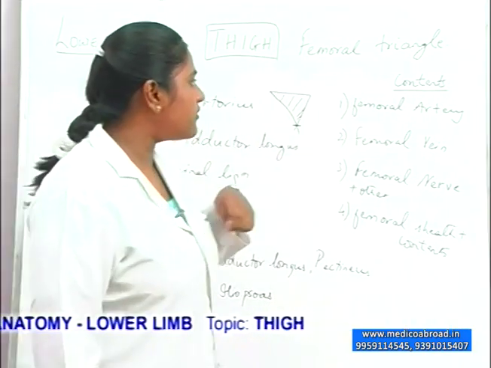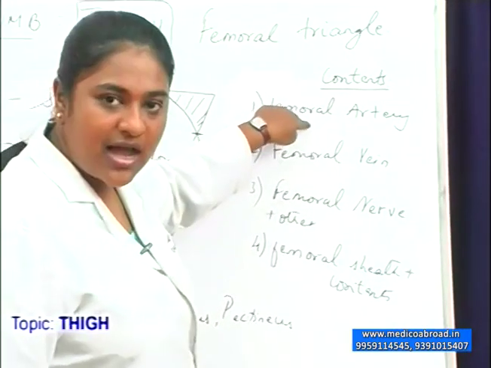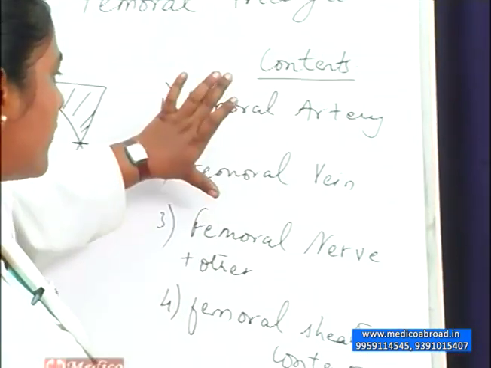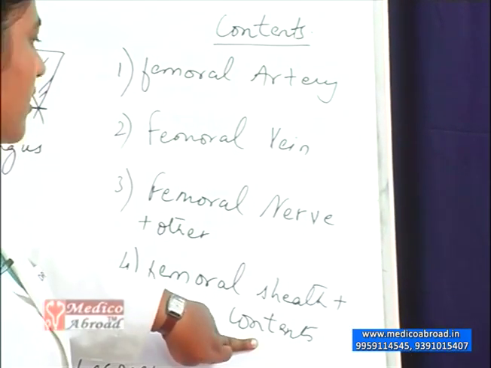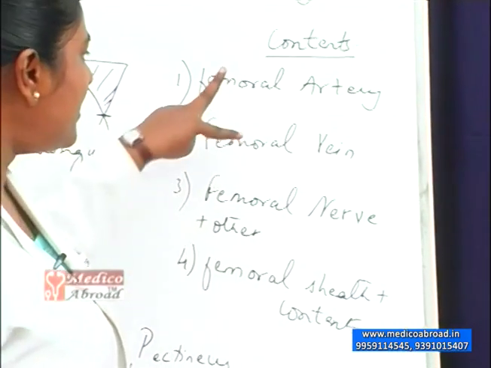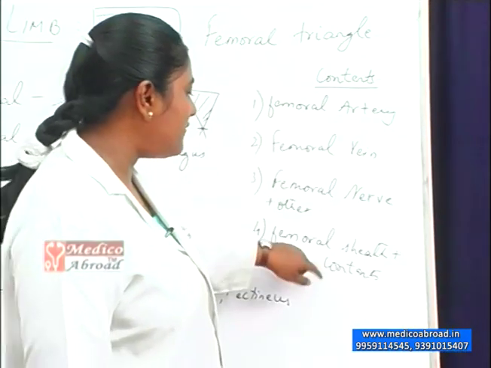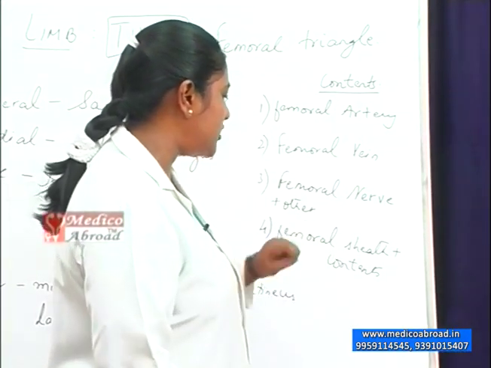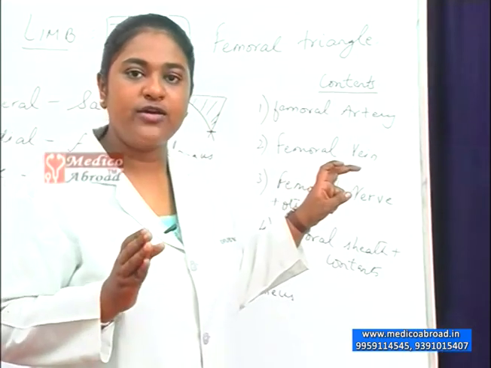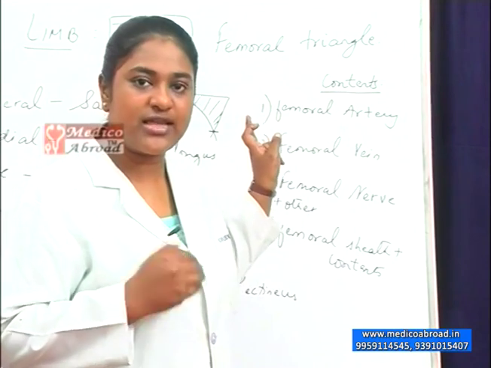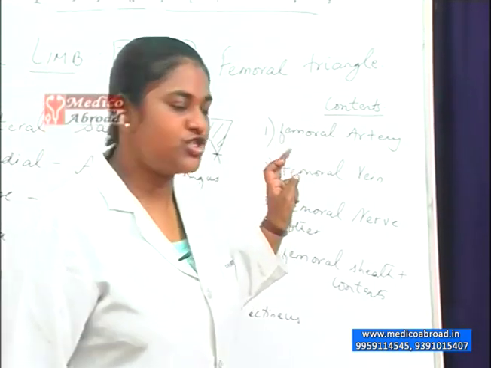The contents of the femoral triangle are the femoral artery and the femoral vein, which are enclosed in the femoral sheath. In the upper part of the femoral triangle, the femoral artery and the femoral vein are enclosed in the femoral sheath only in the upper part. There is a part of these artery and vein which are not covered by the femoral sheath.